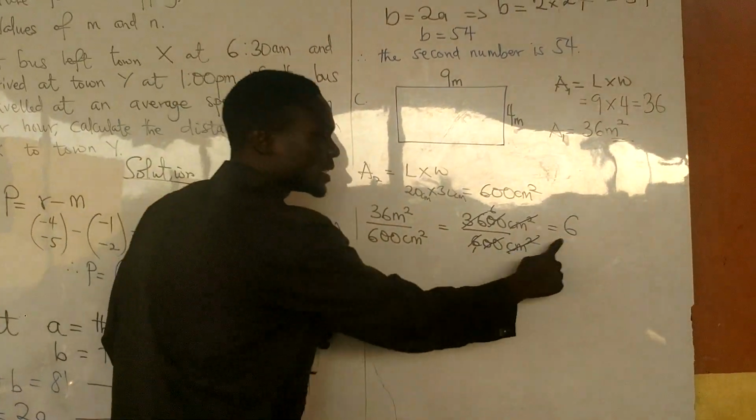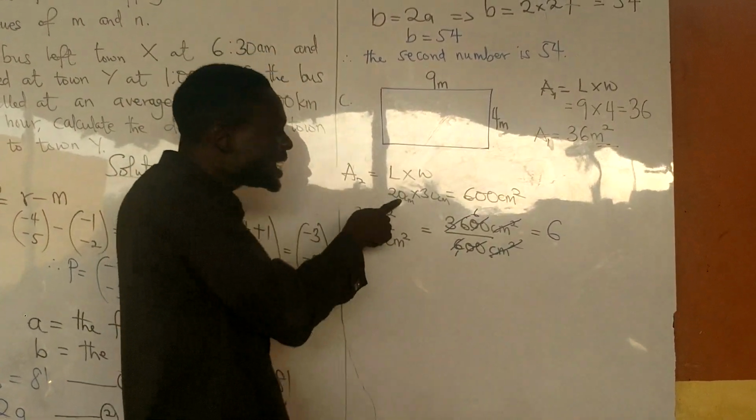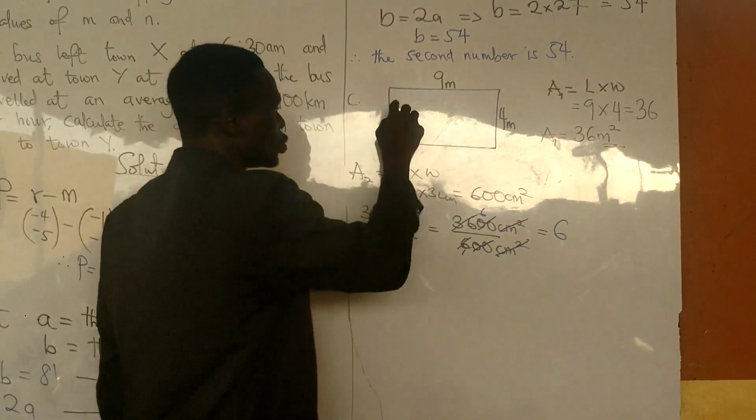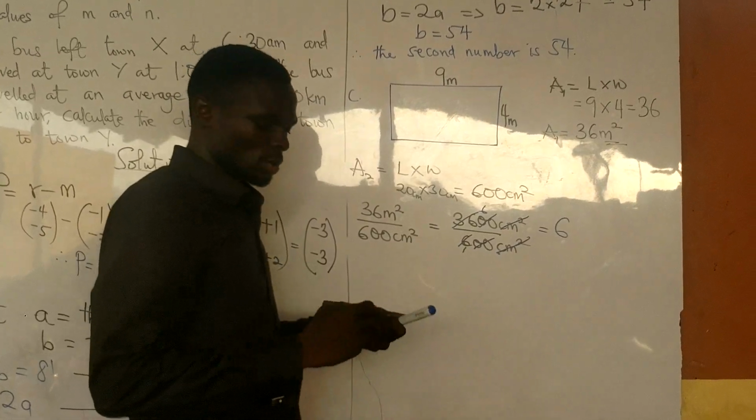Since you have 6, it means you need 6 tiles of 20 centimeters by 30 centimeters to fill or complete that hall.